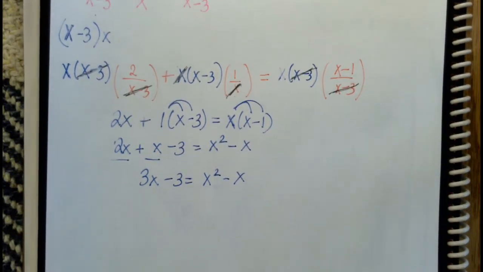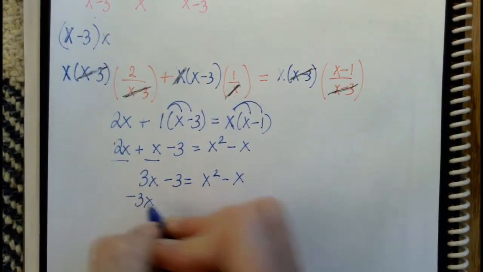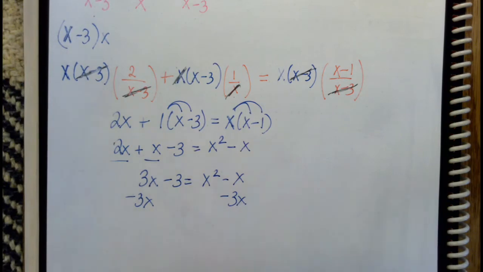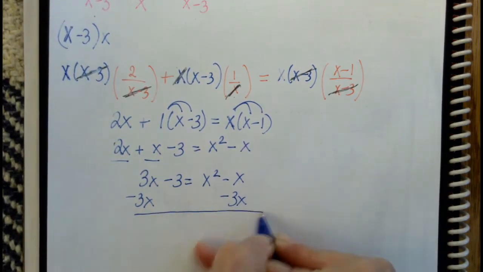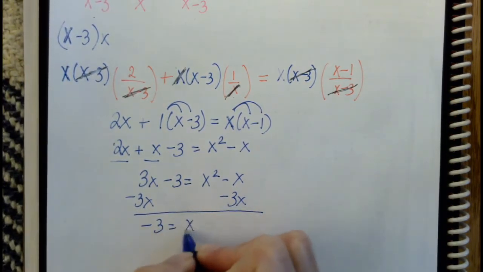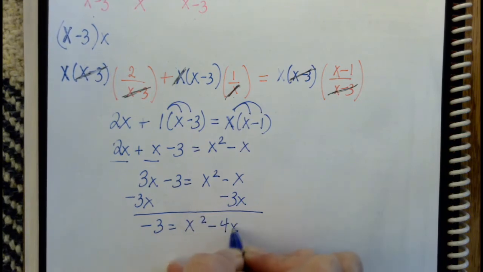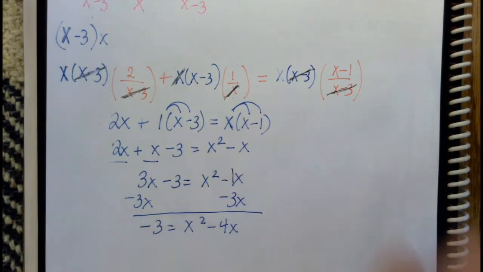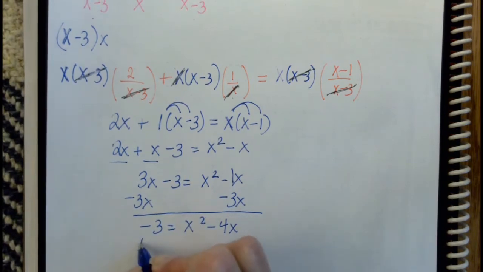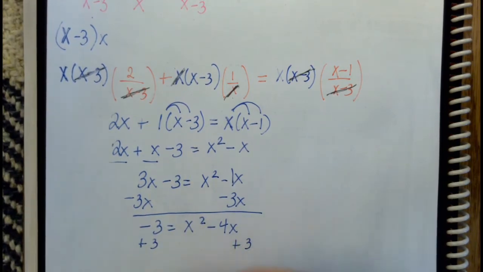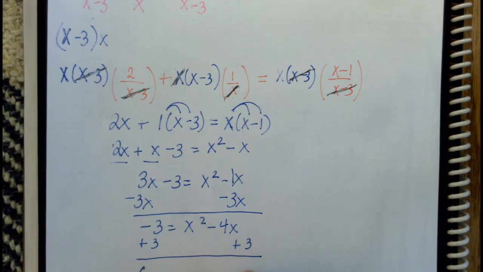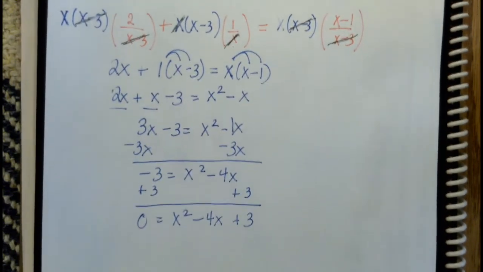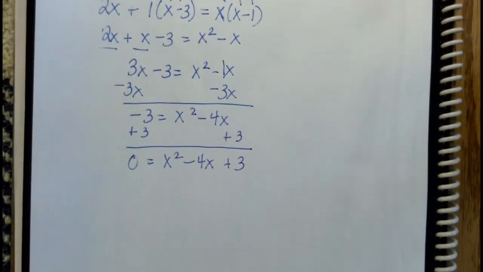Then we can subtract 3x from both sides, and we get negative 3 equals x squared minus 4x. Remember, there was a 1 in front of that x. We can add 3 to both sides, and we get 0 equals x squared minus 4x plus 3. It's nicer when you can see that I've moved everything over to the right side.